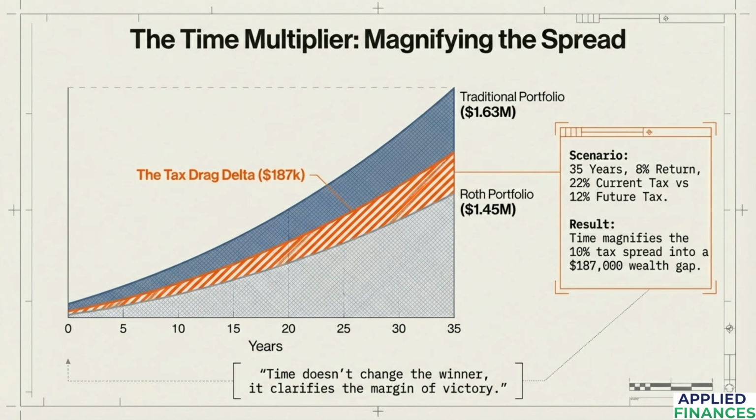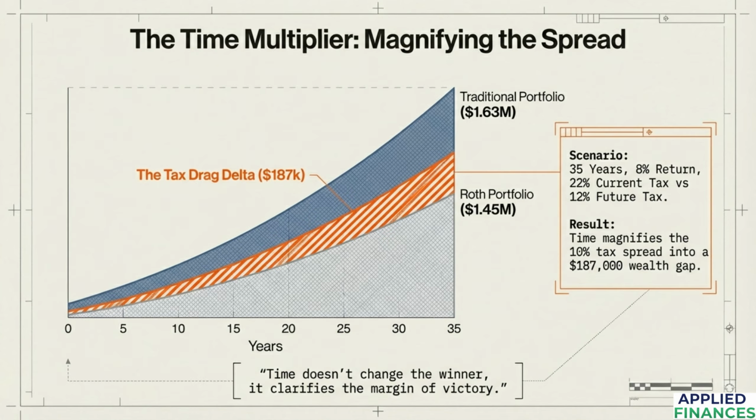The second force of divergence is the time multiplier, and it is the primary reason why even small tax advantages lead to massive outcomes. Consider a scenario over 35 years with an 8% return, comparing 22% current tax versus 12% future tax. Over a short period, the difference might seem negligible, but time magnifies that 10% tax spread into a significant wealth gap.